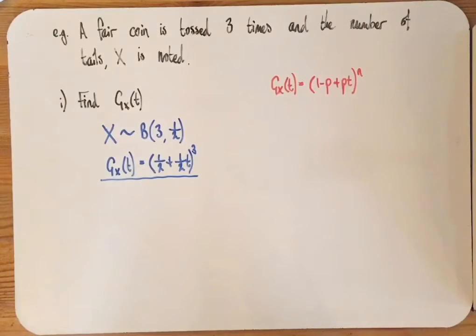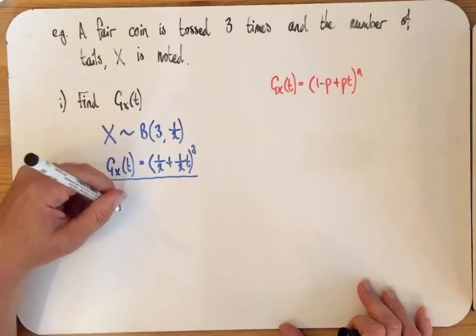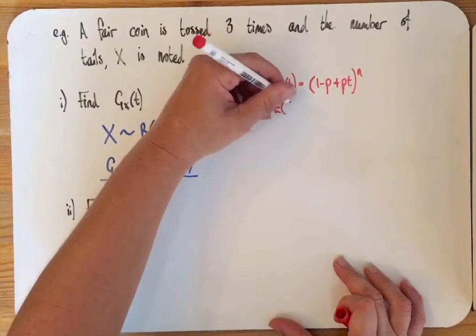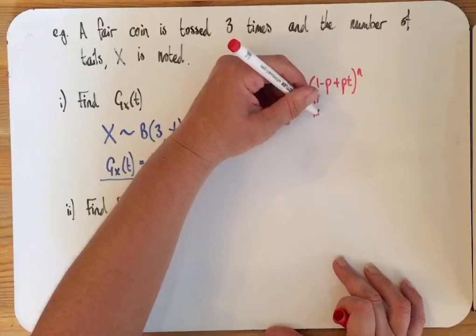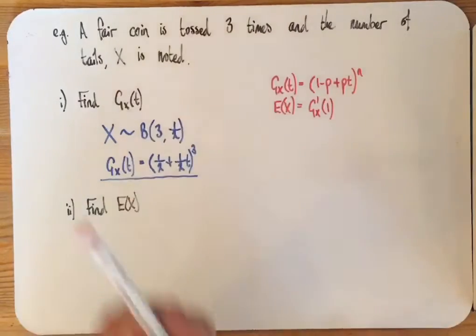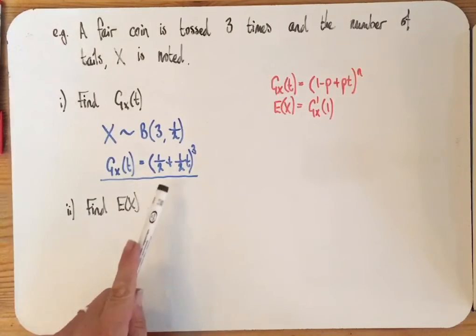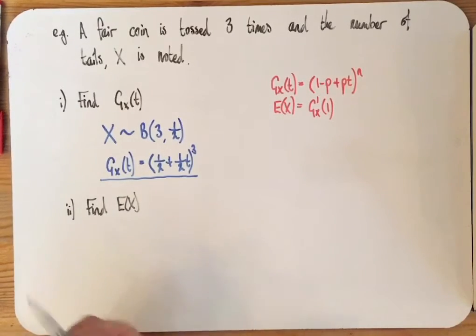And then we can look at finding the expectation of x. The expectation of x is equal to the probability generating function differentiated with 1 fed through it. So I need to differentiate this. We will actually, in maths, look at a quicker way of differentiating brackets to powers, but for now we need to expand this.